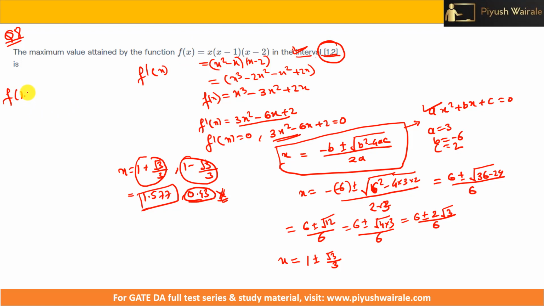f of 1.577, right? So 1.58, just for example, into 1.58 minus 1 into 1.58 minus 2, right? So if I calculate, this is positive and this is negative, so the value of this particular expression will be minus 0.385.